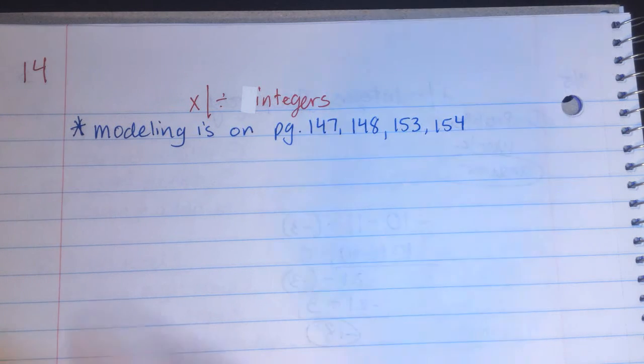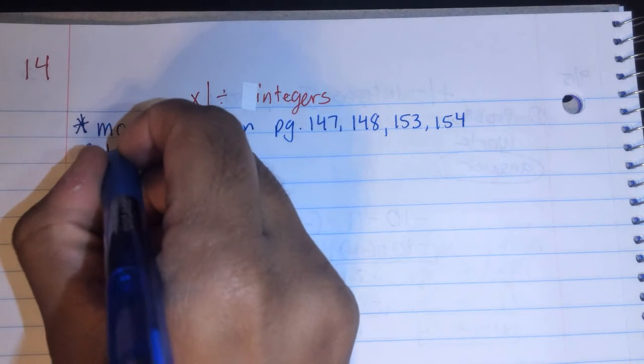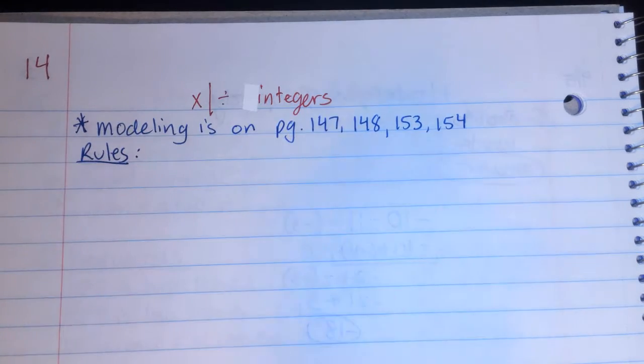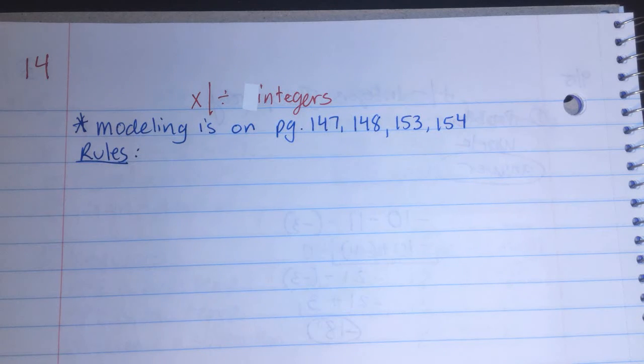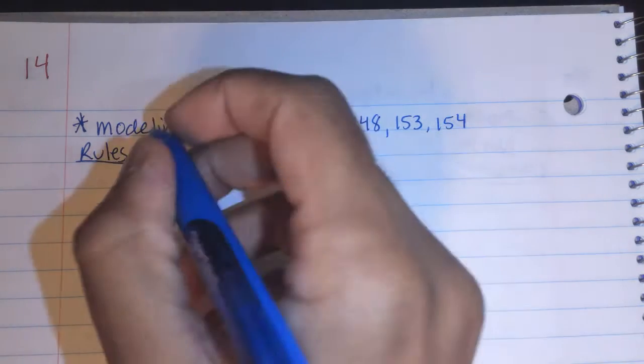So let's talk about the two rules, because we're really going to look into the rules for multiplying and dividing. Now, the lucky thing about multiplying and dividing is that you literally just have to multiply or divide like normal, but you have to follow two other rules.